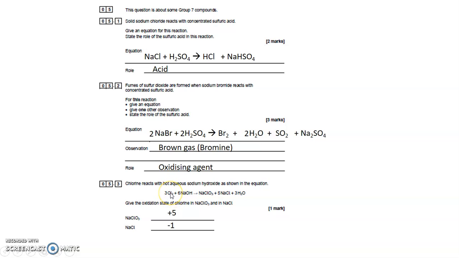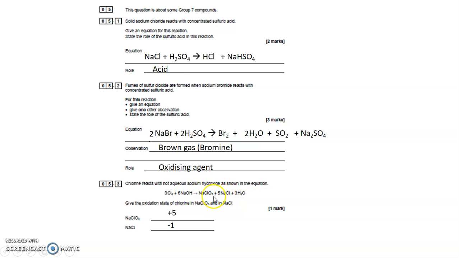It's a process called disproportionation, where a compound like Cl2 is oxidized. It's gone from 0 oxidation state up to +5 when it forms NaClO3, and in disproportionation it's been reduced as well. So it's been reduced from 0 oxidation state down to -1 in NaCl.